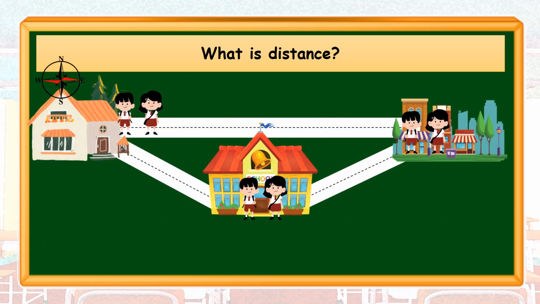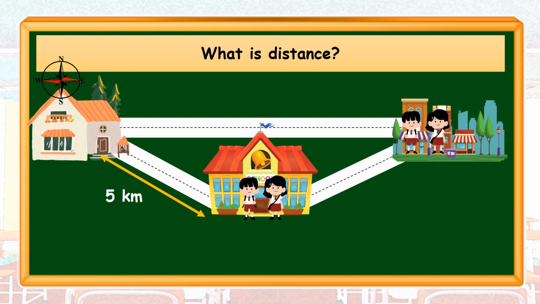Distance is also defined as the measure of how much ground an object has covered during its motion. Take a look at the journey of Juan and Reina. What is the distance from their house to their school? Yes, you're correct. The distance from their house to school is 5 kilometers.